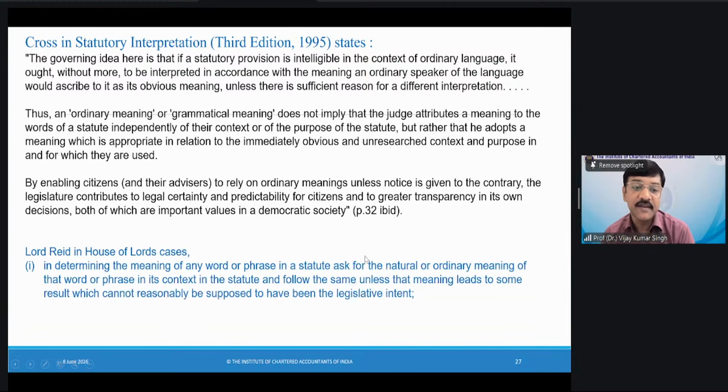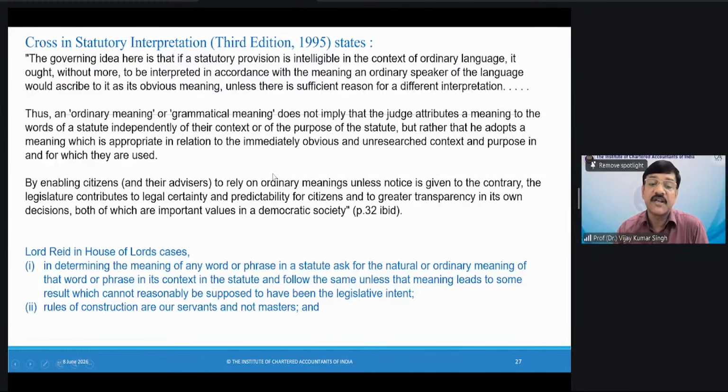Lord Reed in House of Lords cases, in determining the meaning of any word or phrase in a statute, asks for the natural or ordinary meaning of that word or phrase. They don't go for a detailed meaning of that particular word. So you have to see the meaning of the words from a common, ordinary standard.